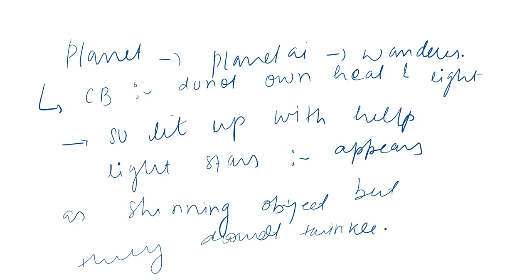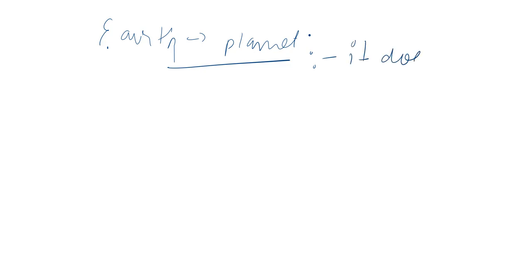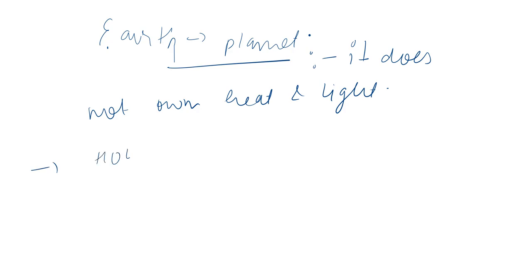So in this way, our earth is also a planet. The question arises: if earth is a planet, it should not have its own heat and light, so how do we get heat and light?